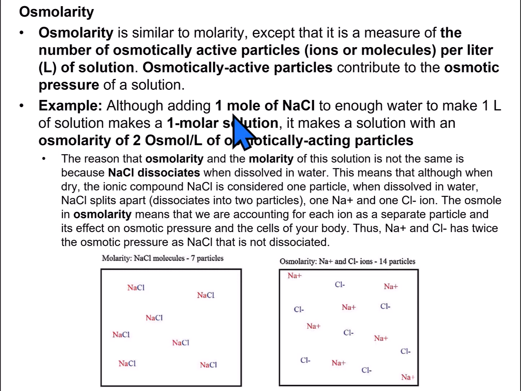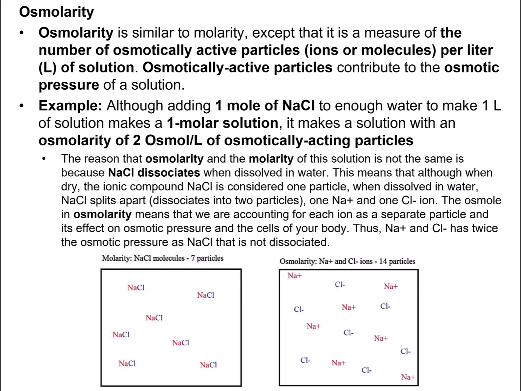Let's take a look at an example of an ionic compound. Although adding 1 mole of sodium chloride to enough water to make a 1 liter solution makes a 1 molar solution, it makes a solution with an osmolarity of 2 osmoles per liter of osmotically active particles. The reason why we have 1 versus 2 osmotically active is because sodium chloride dissociates when dissolved in water. This means that although when dry, the ionic compound sodium chloride is considered 1 particle, when dissolved in water, sodium chloride is going to split apart.